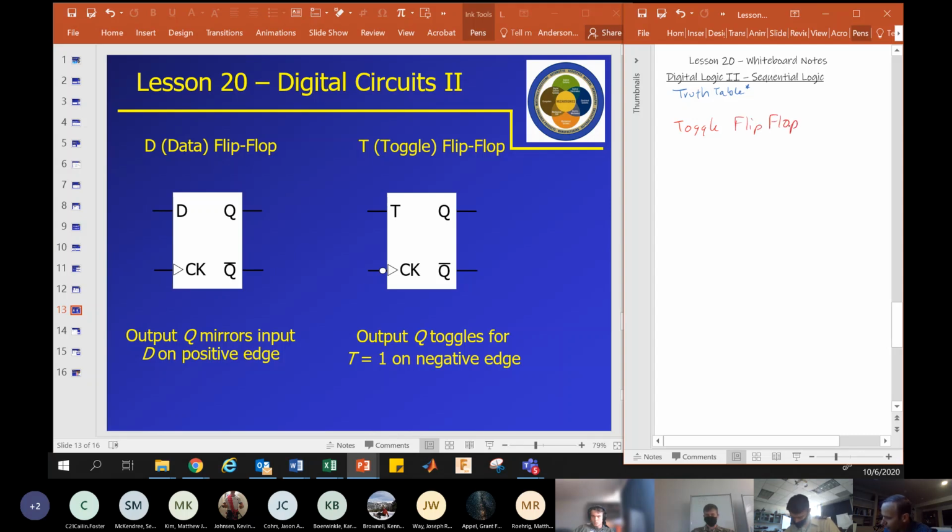But what do you think the toggle flip-flop does? Any guesses on what a toggle flip-flop does?